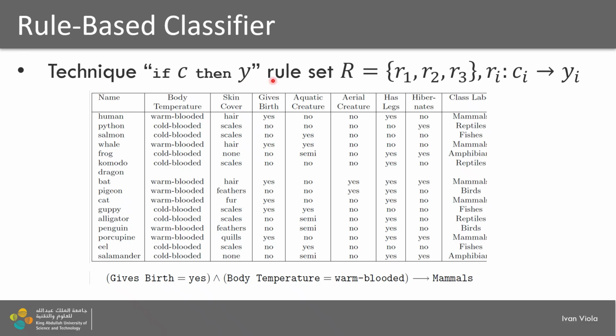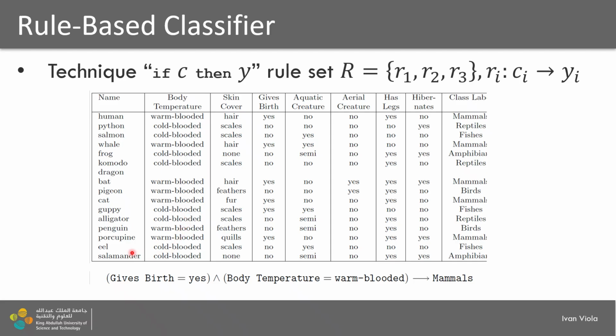And we are having a rule set R consisting of several rules, such that each rule will give us a formalism of whether a condition is fulfilled. If it's fulfilled, then the data record is classified with a particular class. So for example, here we can again see our example of various warm and cold-blooded animals, coming from the animal kingdom of mammals, reptiles, fishes, amphibians, and birds.